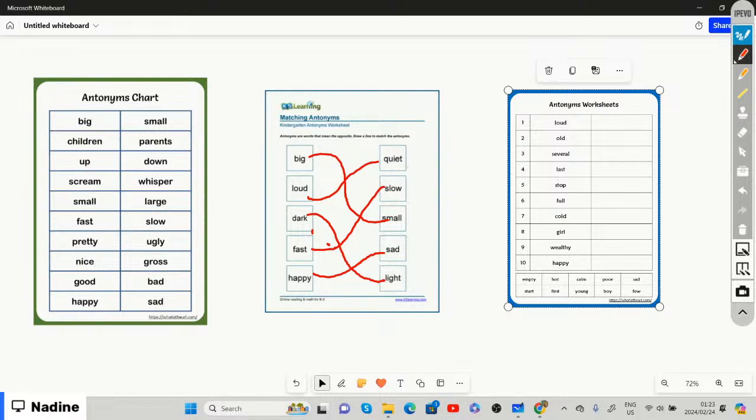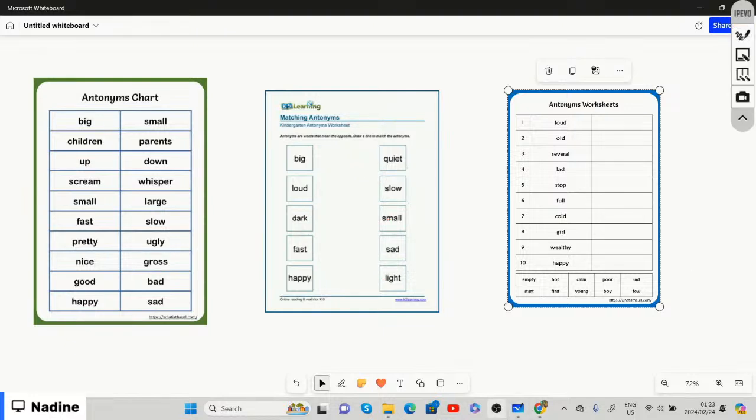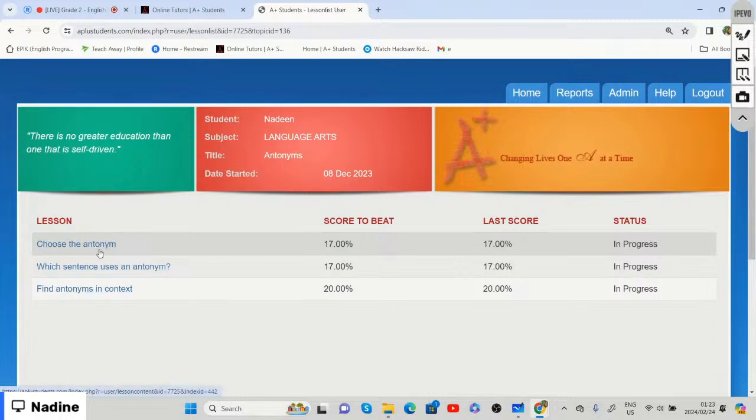So once again, an antonym is a word with the opposite meaning. It's not the same. The meaning is opposite. It's the word that is the opposite in meaning. And we said we are doing our tutorial lesson on A plus students.ca, where we're going to choose the antonym.